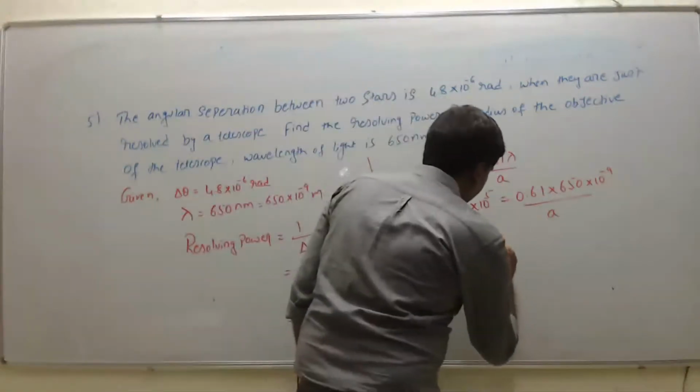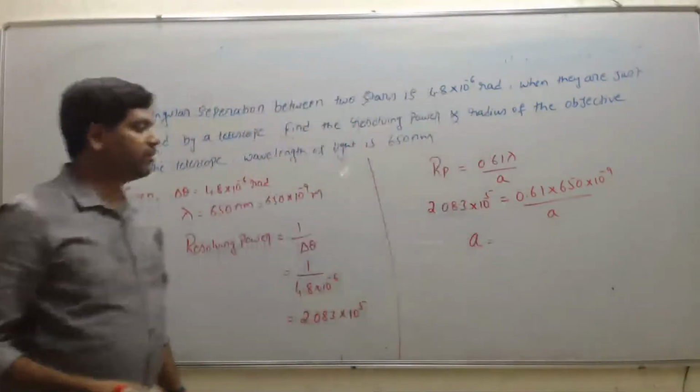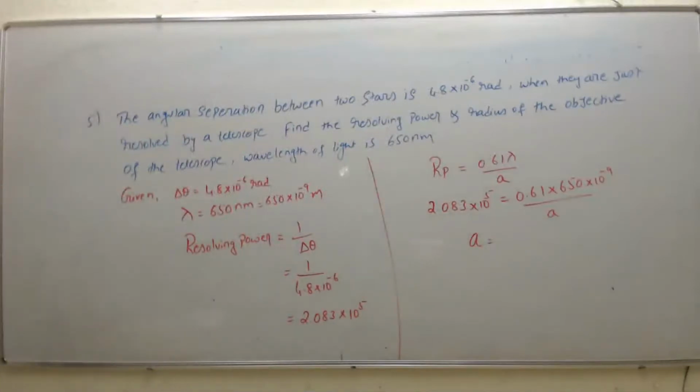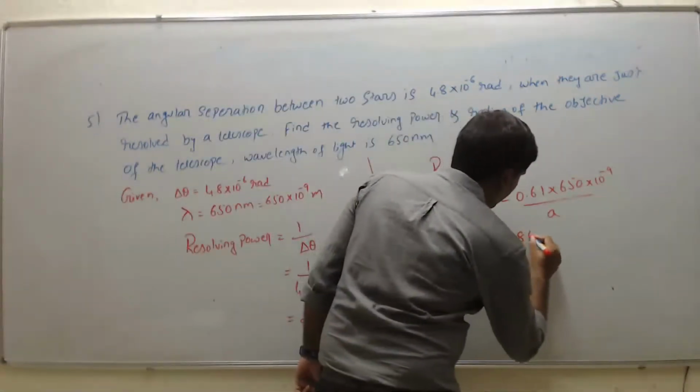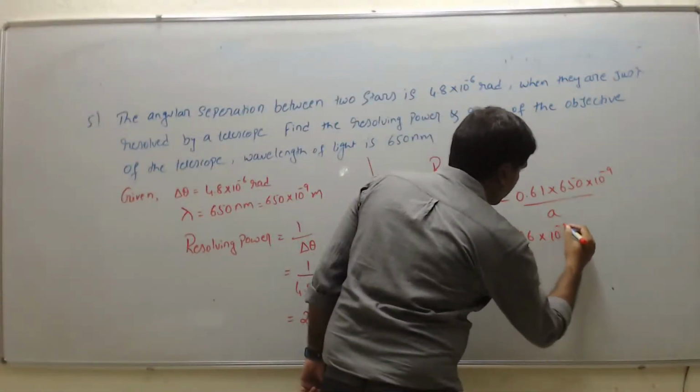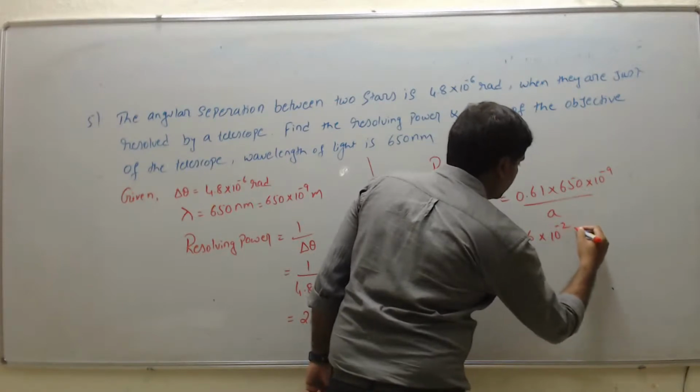By using a calculator, if we simplify, we get A equals 8.86 into 10 to the power of minus 2 meter.